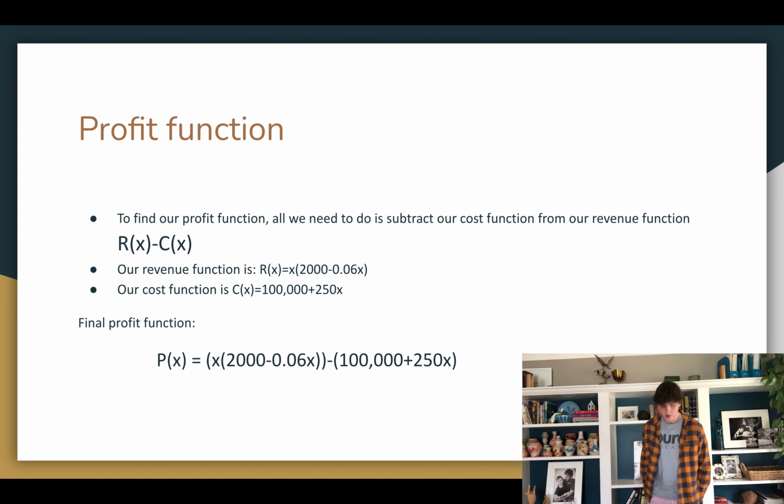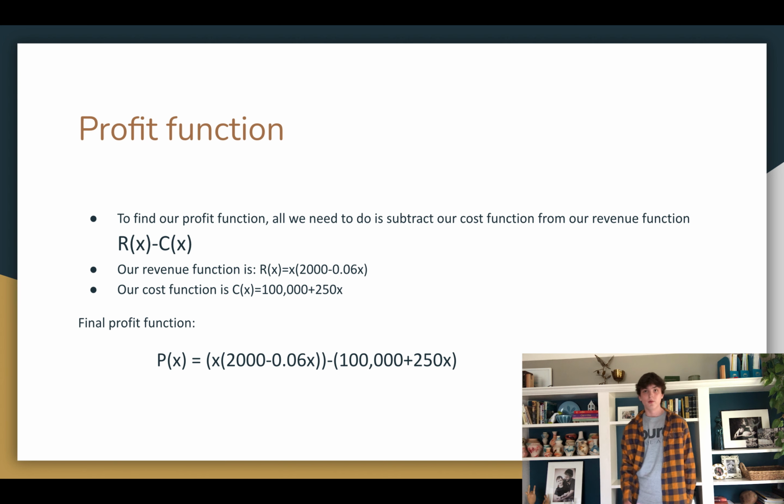So our revenue function is R of x equals x times (2000 minus 0.06x), and we will subtract our cost function, C of x equals 100,000 plus 250x. So essentially it's just R of x minus C of x, and you can see here what our final profit function is going to be.